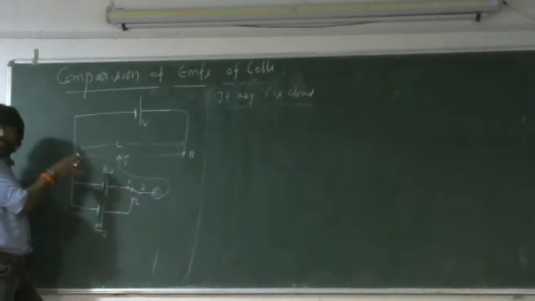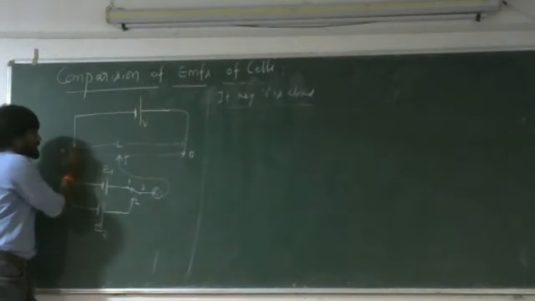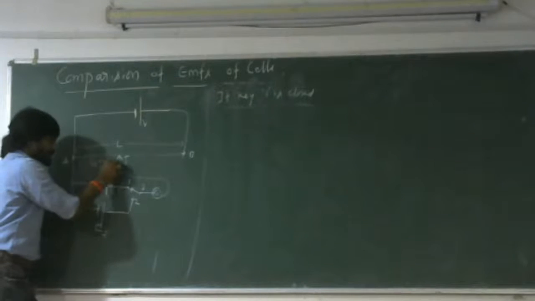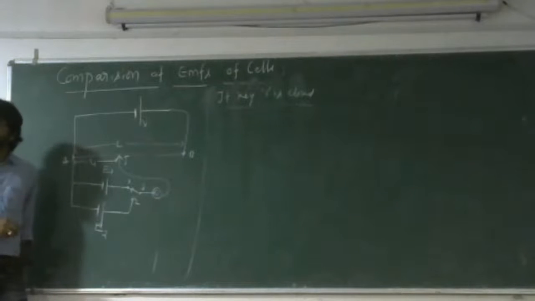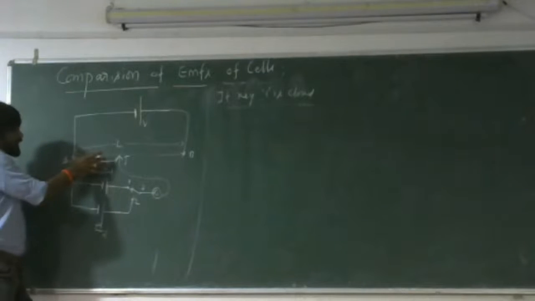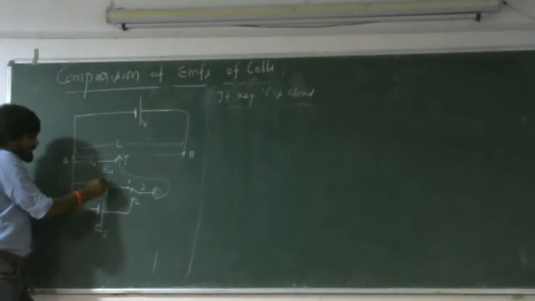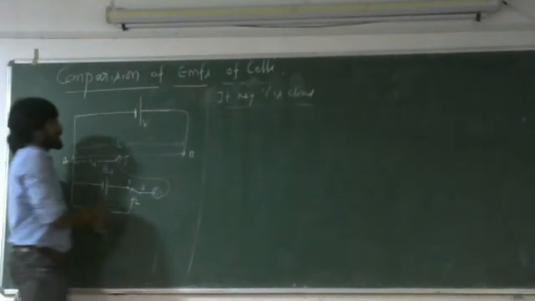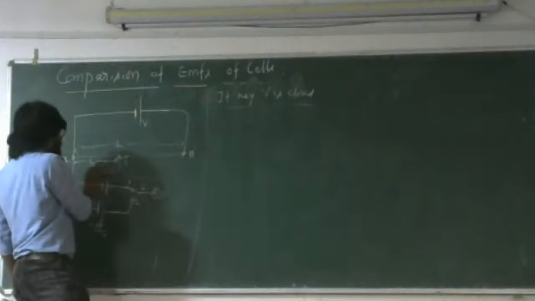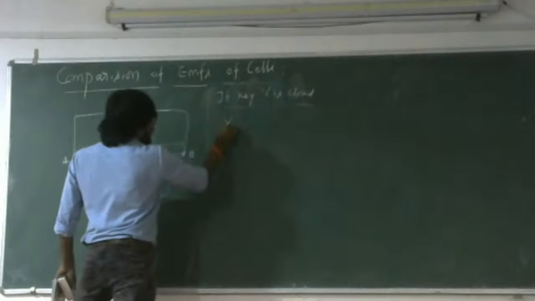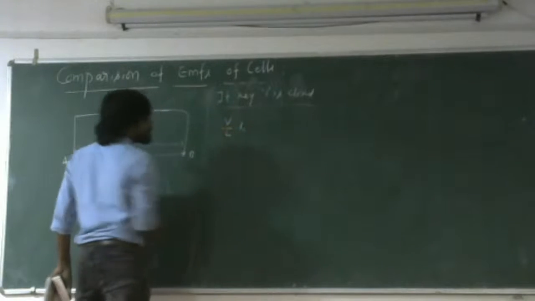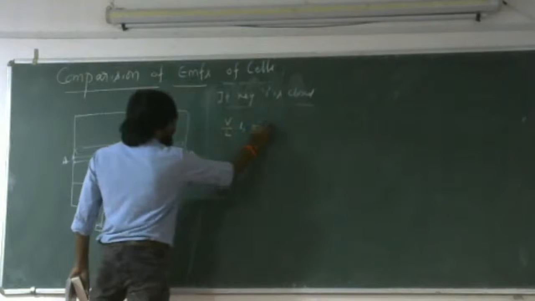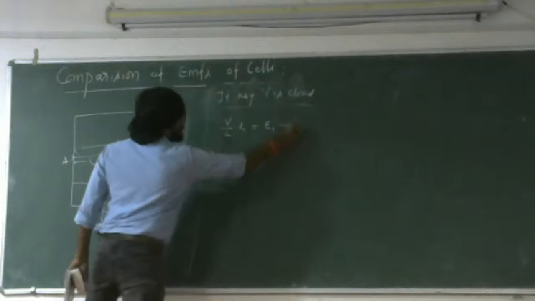And for given values of resistance etc., if you slide the jockey and get a balancing length, let us say L1, that means the potential across this will be the same as the EMF of this, because these two are in parallel. So the potential of this is nothing but the potential gradient V by L into L1. V by L into L1 is equal to E1. Take this as equation 1.